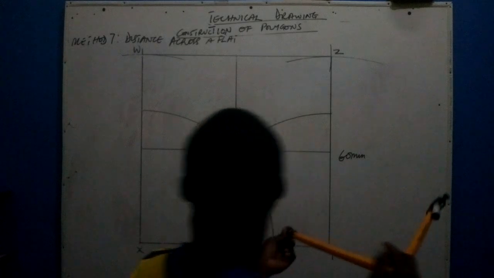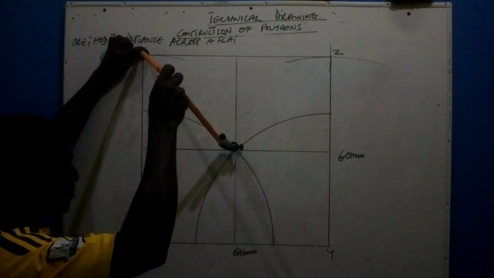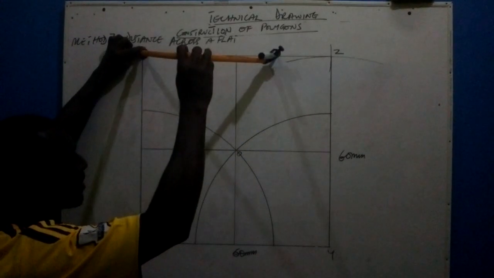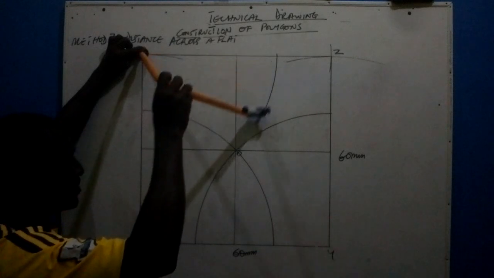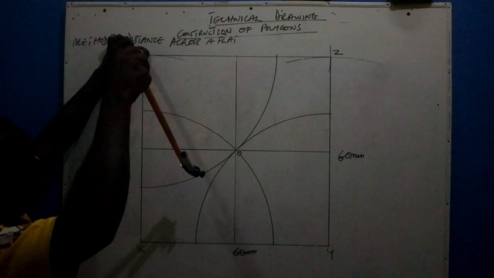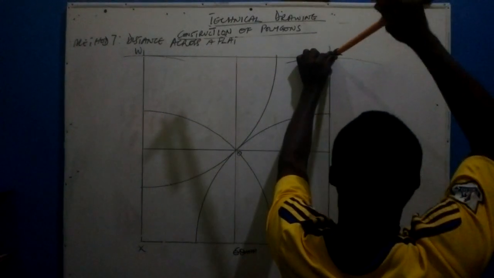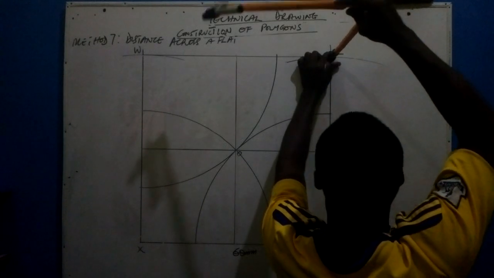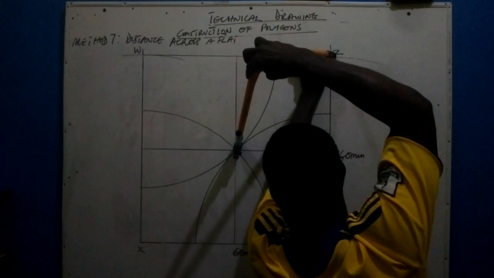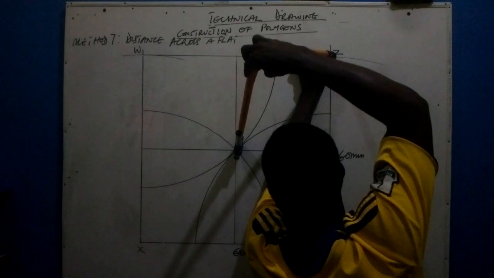Then I'll go and stand on W. All of them need to pass through the center to touch the side of the square. Then I'll stand on Z. Meaning I'm going to stand on all the points.